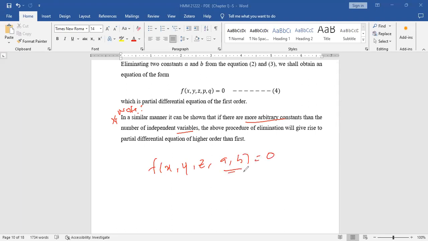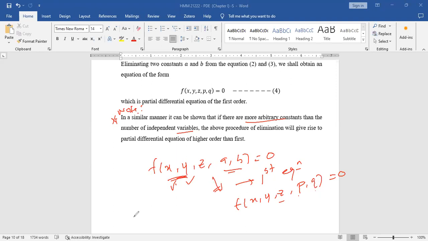So we have two arbitrary constants and two independent variables. If you take the partial derivatives with respect to x and y, you can find the solution. Surely it will give you a first order equation of f(x, y, z, p, q). This is how the equation will look.